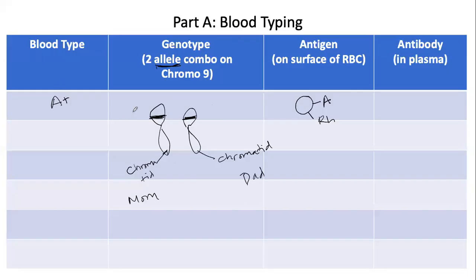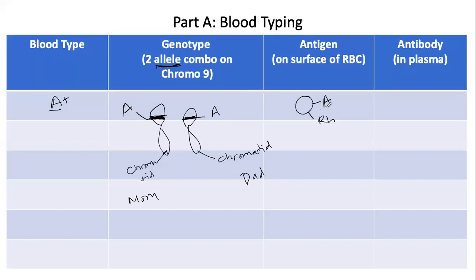Let's say at this gene, I have a code for A. This allele of the gene codes for A. And then I got another code from dad, and he gave me an A. So I have an A code from mom and an A code from dad, and that's going to give me A on the surface of my red blood cells.